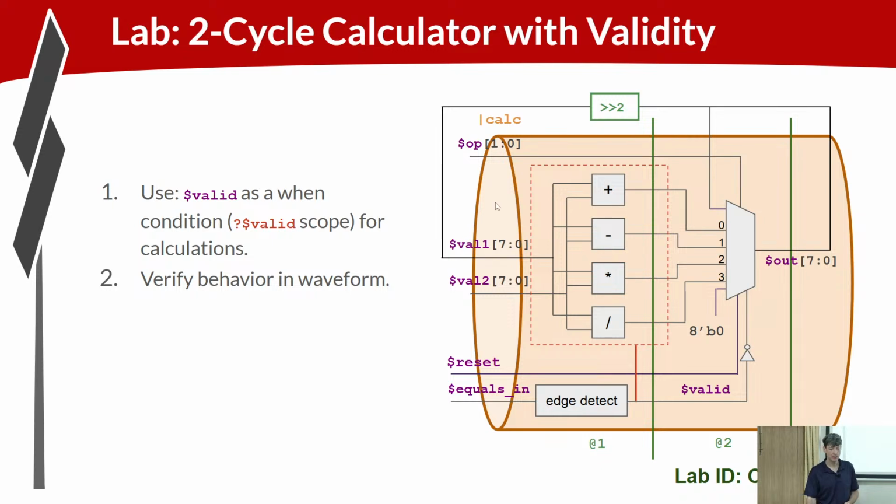So this lab is simply to use validity and apply that to your calculator, right? We already have this valid signal, which tells us when we're doing a meaningful computation. So this lab is to use that as a when condition. If we're not performing a meaningful computation, these arithmetic operations are invalid.